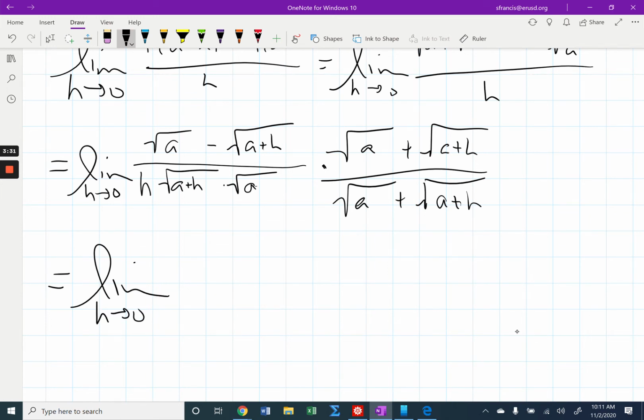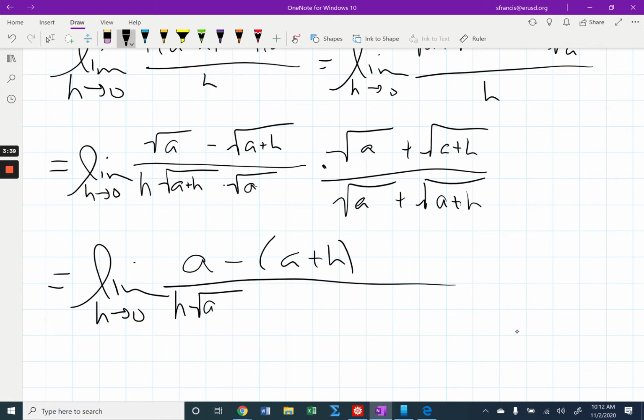So remember, we get a difference of squares pattern up here, so we're going to get a minus the quantity a plus h. Those parentheses are important because you need to distribute the subtraction there. Don't distribute in the denominator, as I've advocated many times.